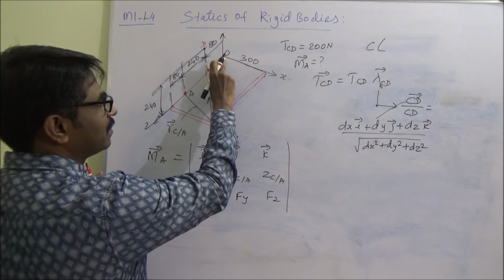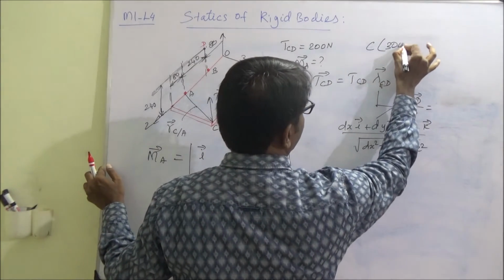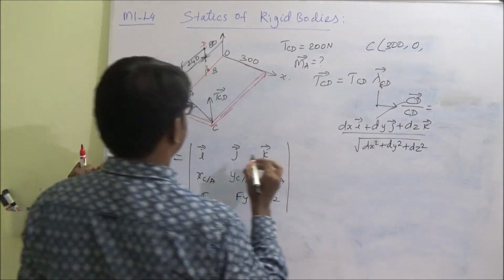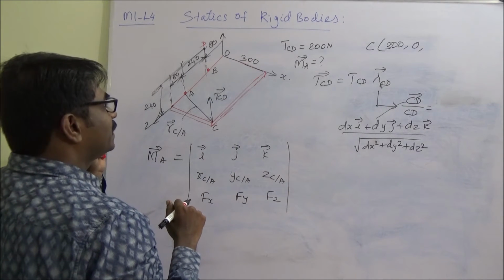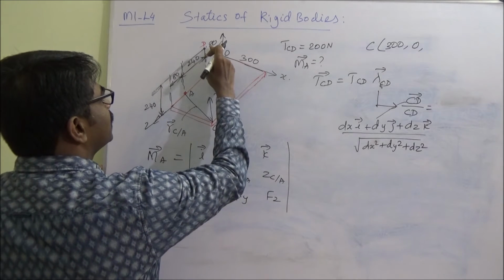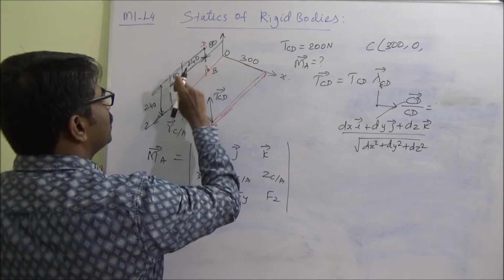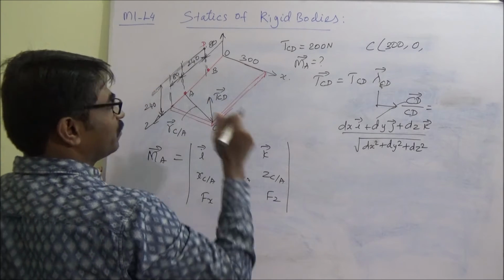If we take x distance as 300, y distance is 0, because O and C are in the same plane, and z distance is positive, 240 plus 80. So 160, 240, 400.